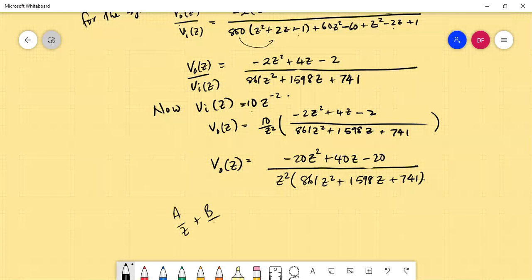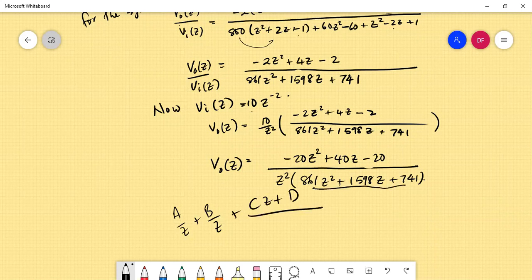Z squared plus C Z plus D over all of this quadratic expression here. And like I said, we can spend the rest of the evening sorting out that problem.